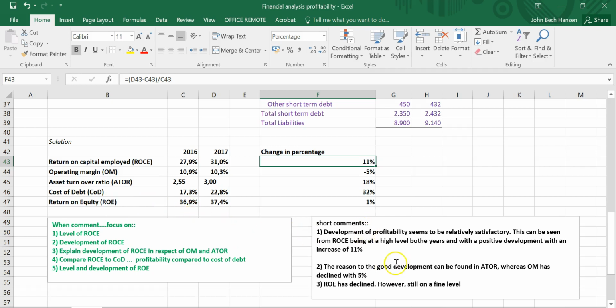And I have made the comments here for you to read how it could be done. Of course, the financial analysis does not end here.